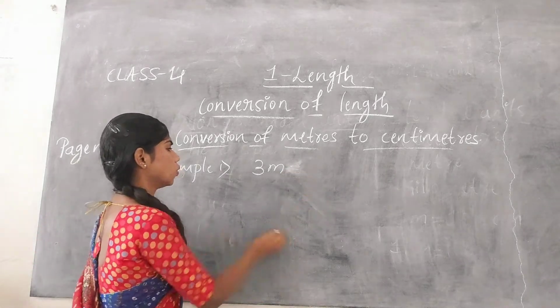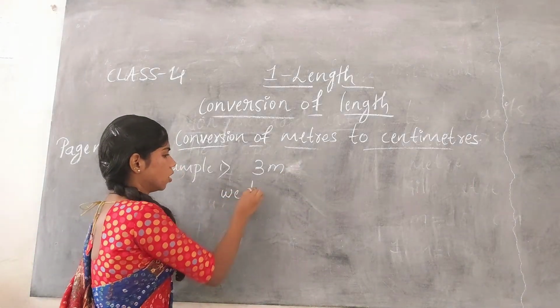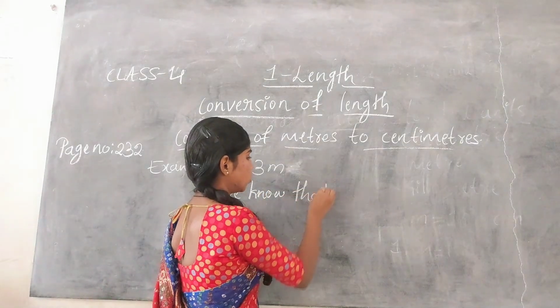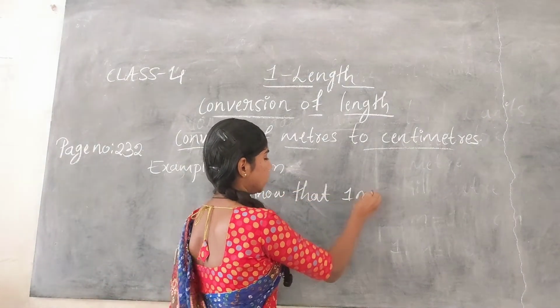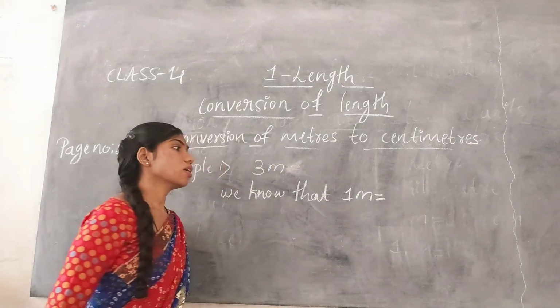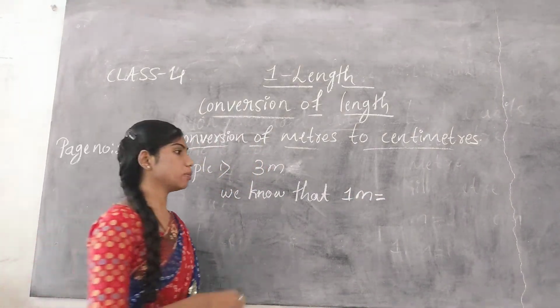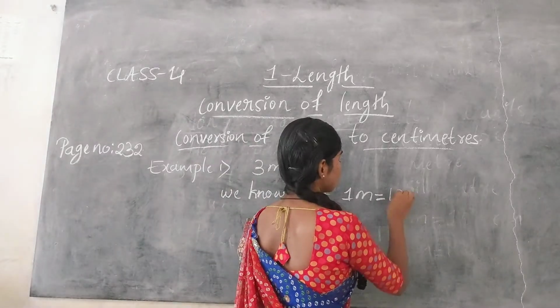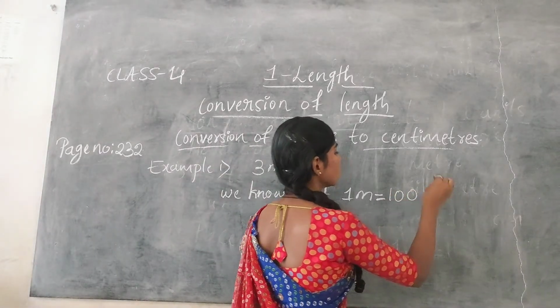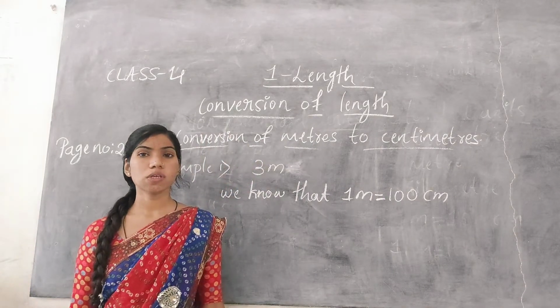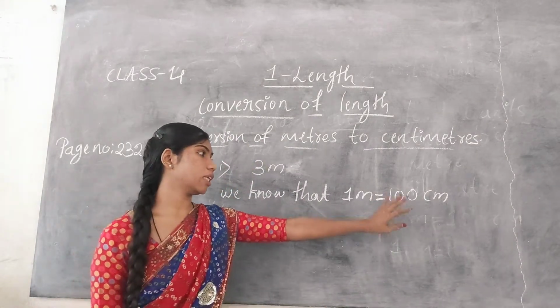We know that 1 meter is equal to 100 centimeter.